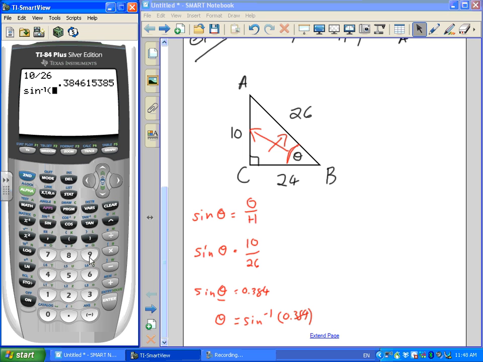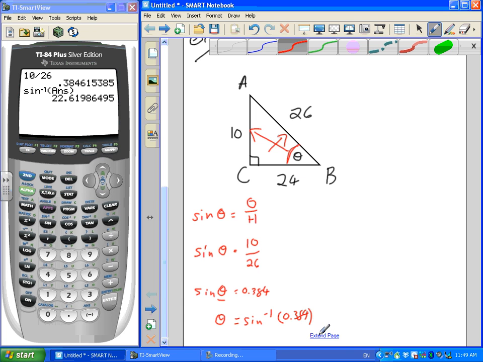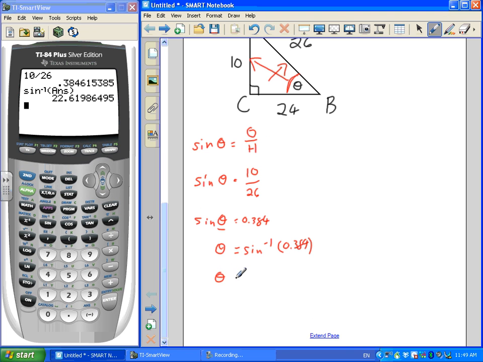And then I have, see how my A and S, that means answer, is in blue? That means if I had second function, this button, it takes my old answer. So I plugged my old answer right into the calculator. This will become much more accurate. There we go. So, according to this, theta is equal to 22.6 degrees, according to our sine ratio.